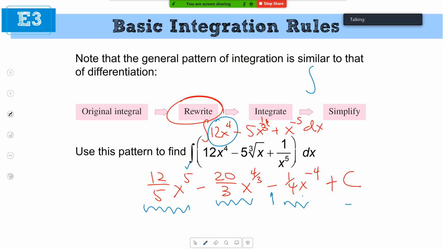The second term? 20/3. That would be 4/3, would be, oh yeah, I missed that. Sorry. Because that would be 5 times, no. Oh, the reciprocal of 4/3, 3/4. There you go. Now I talked myself out of it.